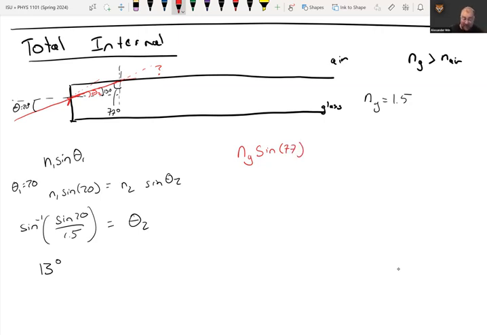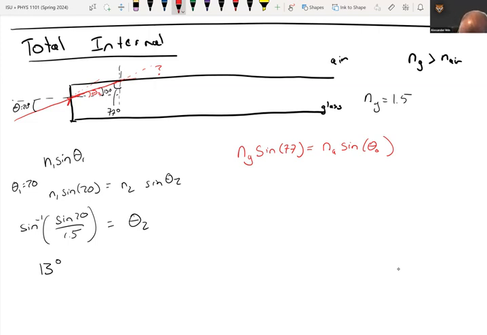It's not going to be sine of 13, because we care about the angle relative to the perpendicular, and we're at a different side at this point. So we have to change that angle to 77. That should equal n of air sine of whatever angle. I'm just going to call that theta sub O, or theta out.